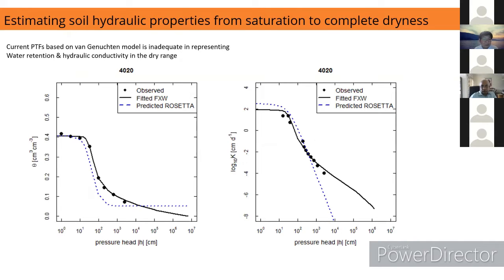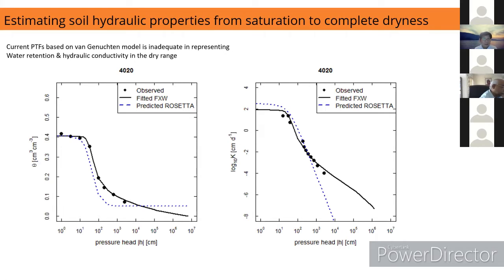But one of the limitations of the Van Genuchten model, if you remember, is the theta r value, the residual water content. That means that with that residual water content, the water content always goes towards theta r. It doesn't reach zero even if you extend it up to complete dryness, because it only goes to theta r, right?